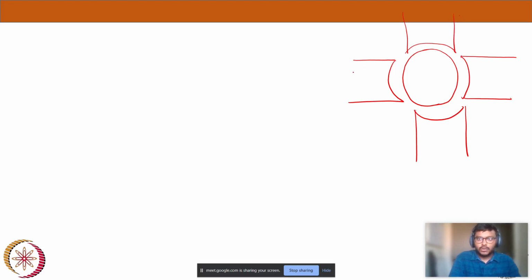Let's say we have a 4-pole machine like this, and suppose the diameter of the rotor. I will just write the terminals, whatever.